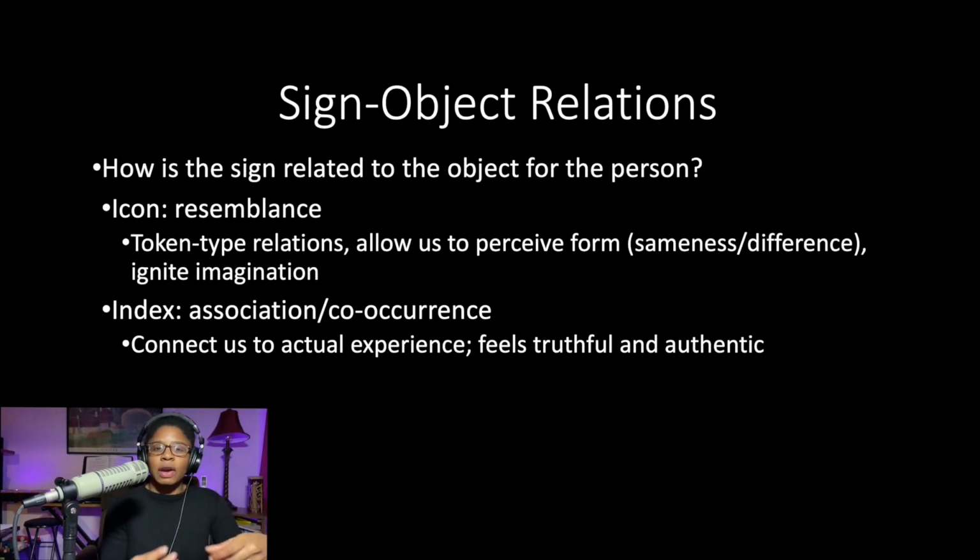Indices are very personal, icons can be a little bit more generalized because there are quite a few people who can recognize what a punk song is, right? Or recognize what a country artist wears. These are more generalized connections and relationships of resemblance that people are doing. Indexical ones are relationships of co-occurrence. We're used to associating the sign and the object together.